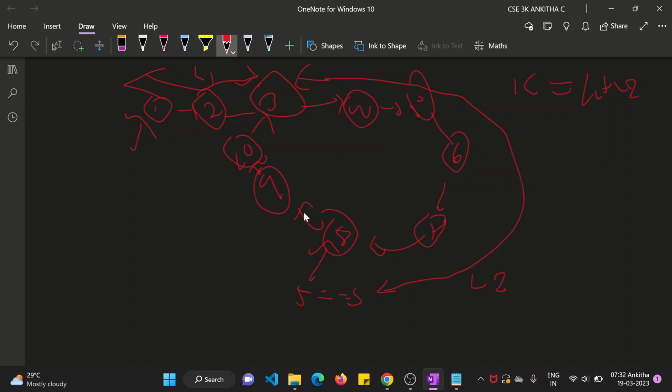This length is called L1 equal to NC minus L2. This is NC minus L2 length. This NC minus L2 length we have got equal to the L1 length.